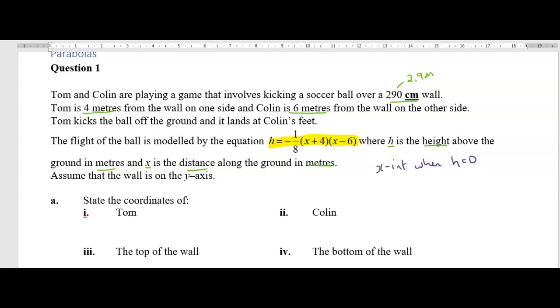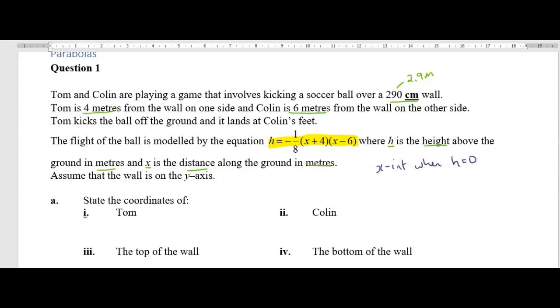We're using h, not y, in this case. It's a good idea to get into the habit of using the variables in the question now in year 10, because when you get into Methods next year and in year 12, if you don't use the variables given, you're going to get things wrong. So just make sure we stick with what the variables are.